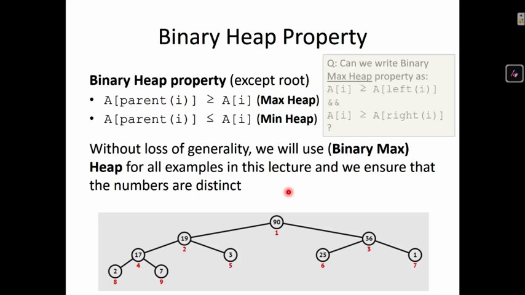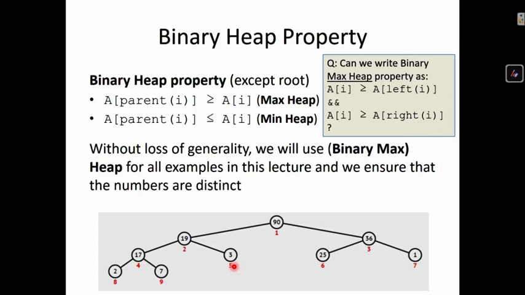Can we write the max heap property like this, for example: the value of a particular node at i must be bigger than or equal to its left child and also bigger than or equal to its right child? Is this a valid way of defining a max heap? It is valid, but it is longer. The shorter way is better, and you have to be careful because a given node might not have a left child or a right child.